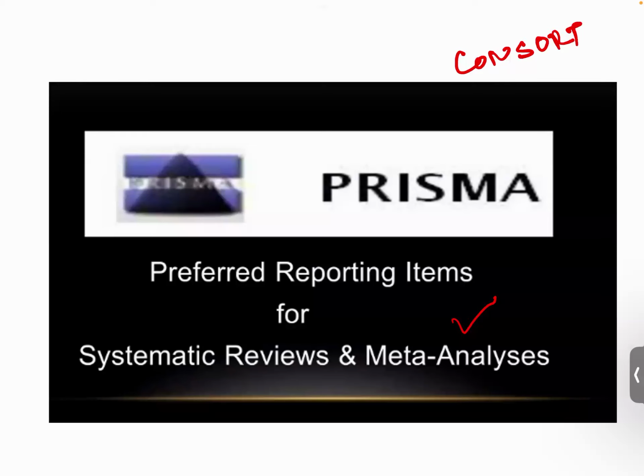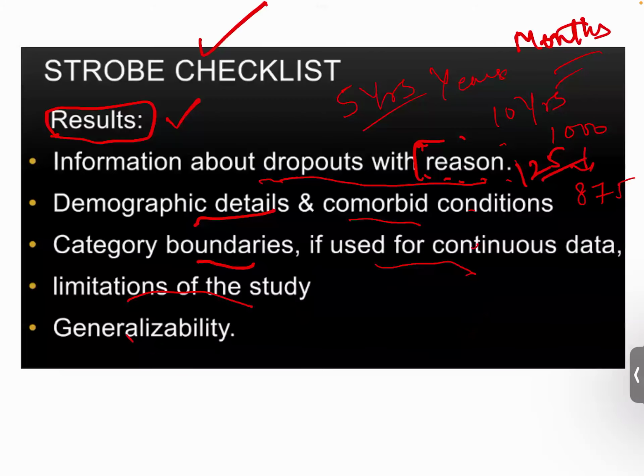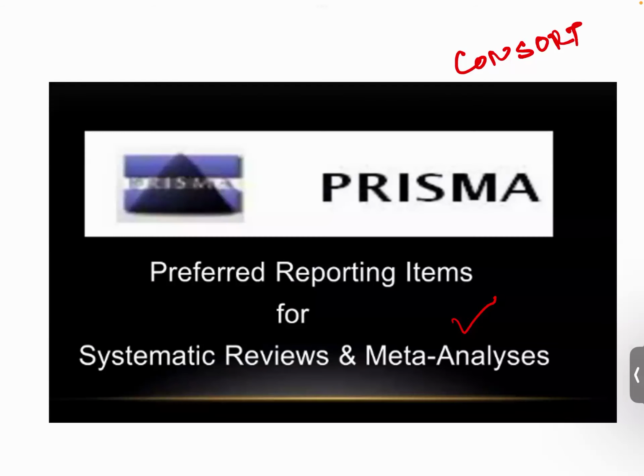Our ARRIVE guidelines are for animal studies, A for animal, remember that. Then the STROBE guidelines are for observational studies. Now our PRISMA guidelines are for meta-analysis and systematic reviews.